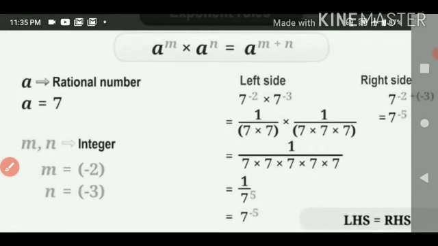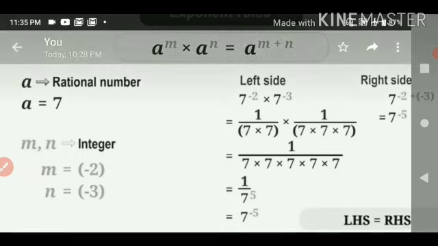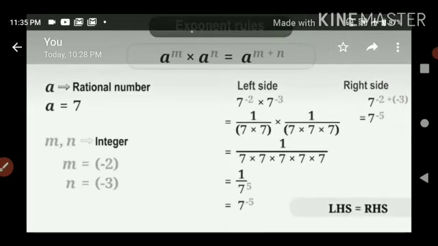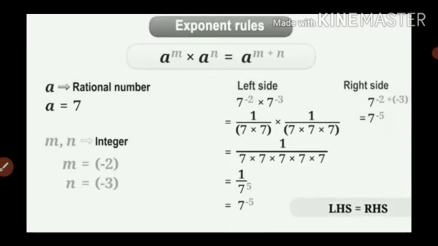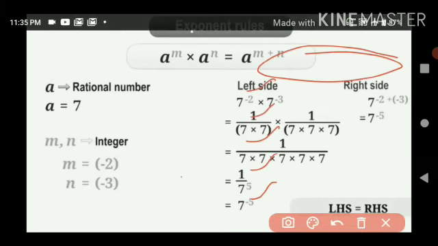Now, the explanation of the very first law of exponent, a raised to the power m multiplied by a raised to the power n is equal to a raised to the power m plus n. Let a be a rational number.